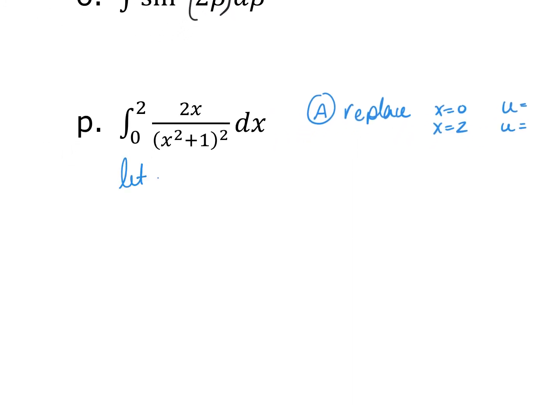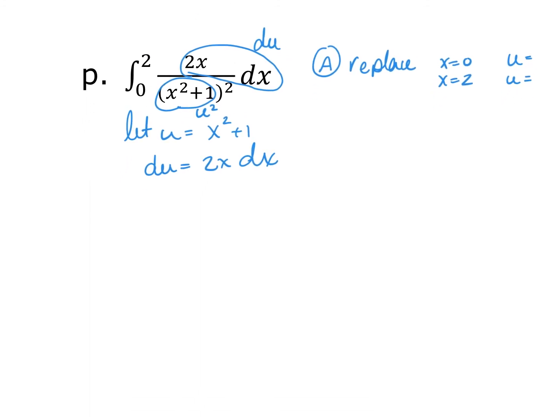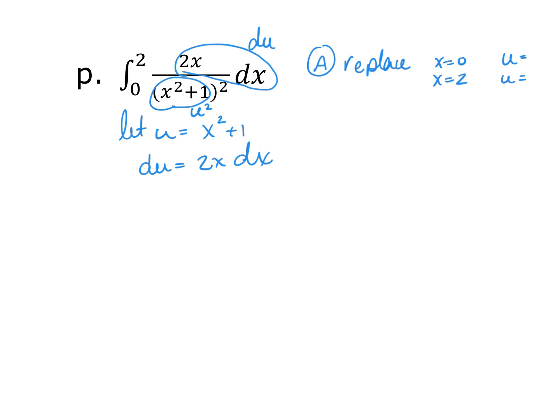So I'm going to let u equal, again, the denominator, not the squared part, so x squared plus 1, and du is equal to 2x dx. So we know this gets replaced with a du, no adjustments are needed, and this gets replaced with u squared. So then my integration is going to be 1 over u squared du. Now notice I didn't put my limits of integration.